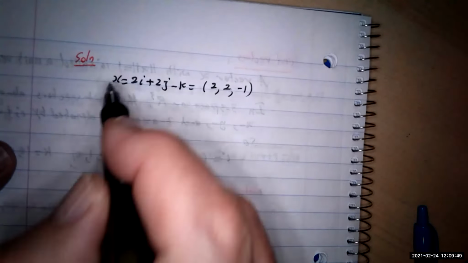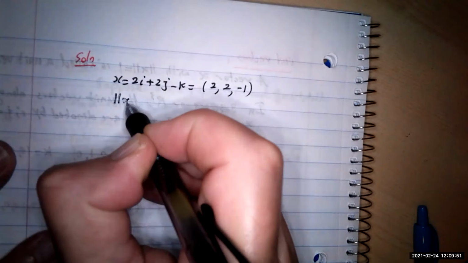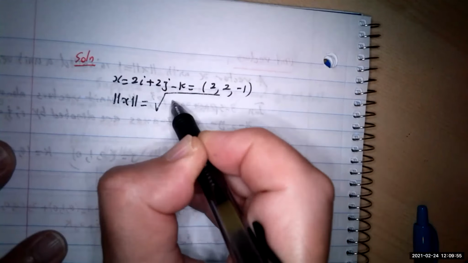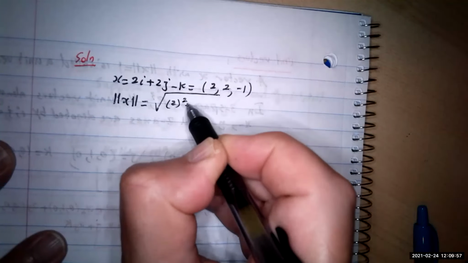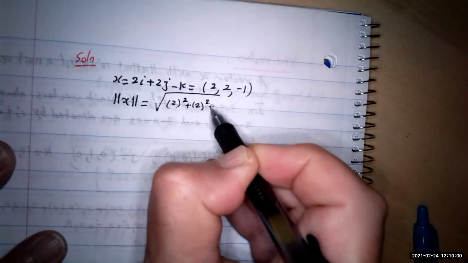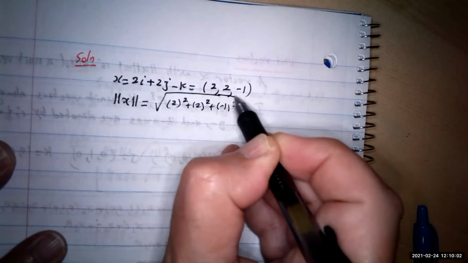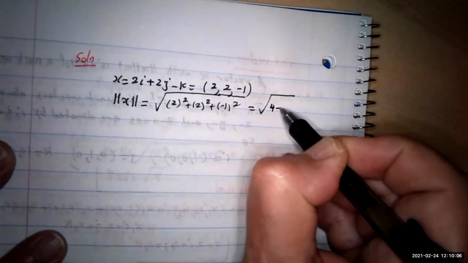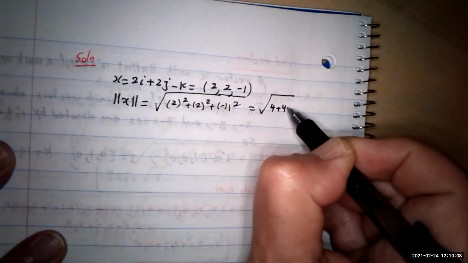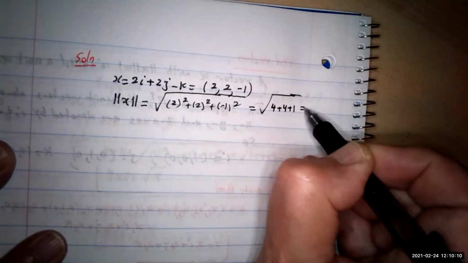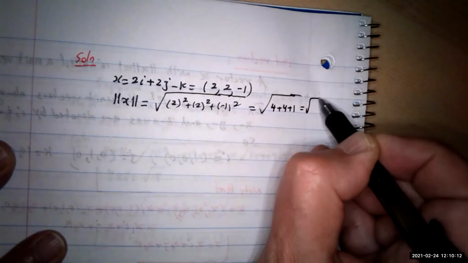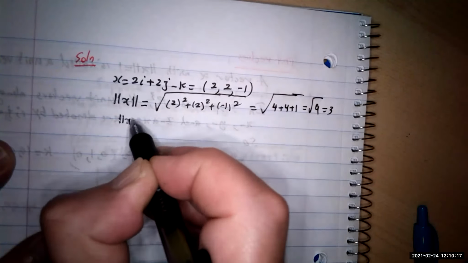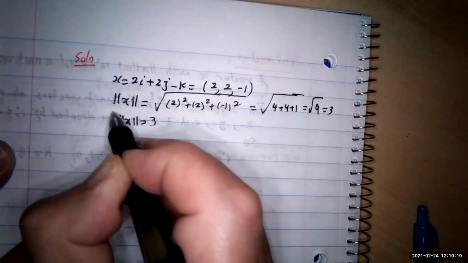Okay, so find the norm of this vector, the norm of x. So the norm of x would be the square root of 2 squared, 2 squared, and the negative 1 squared. So the 2 squared would be 4. We get the 4 and the 4 and the 1. So that gives you radical 9, which is equal to 3. So the norm of your vector is going to be equal to 3.